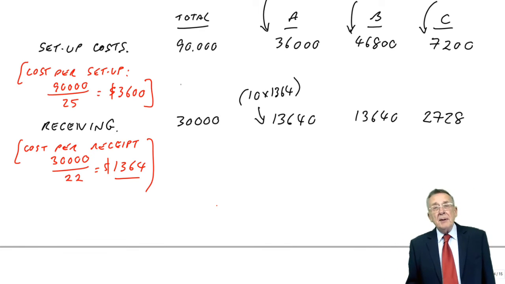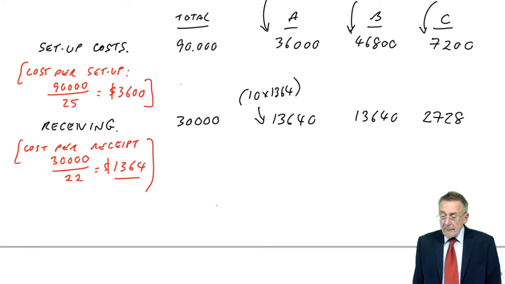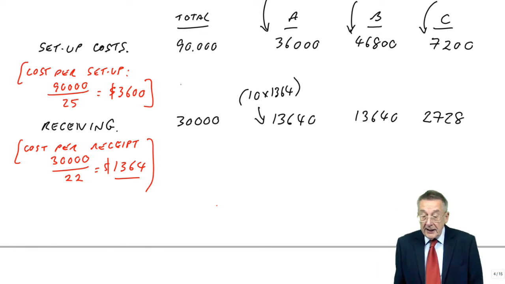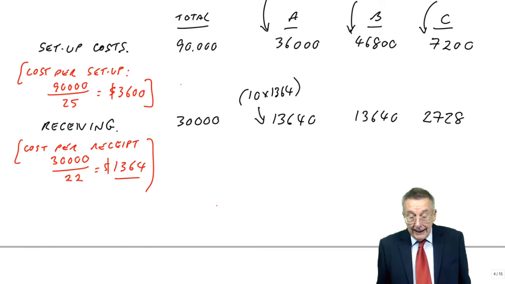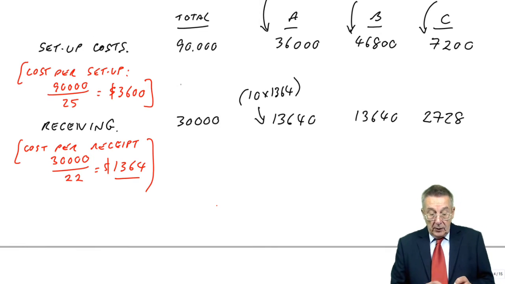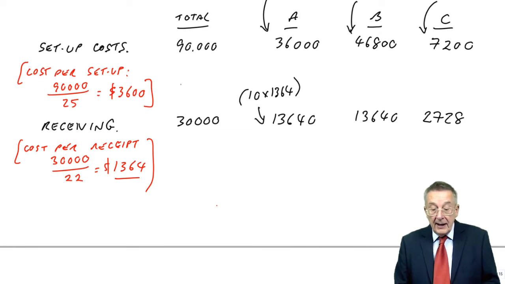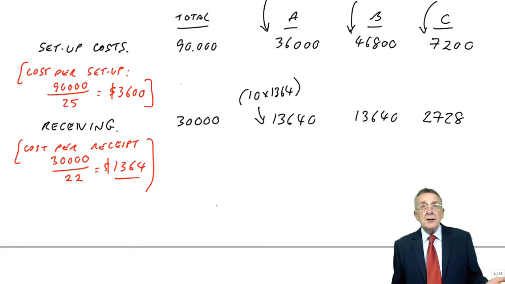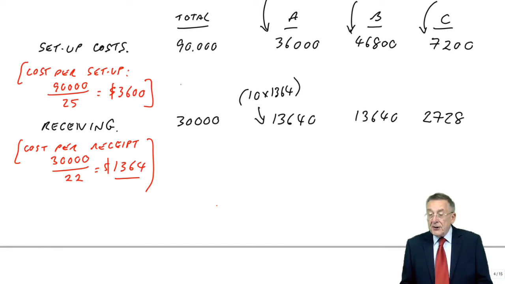Now, some people get terribly upset at this stage and say, oh, they don't add up, and they don't. It's wasting time. We've got 13,640 plus 13,640 plus 2,728. It's $8 different. Well, if it upsets you, by all means do it to more decimal places.